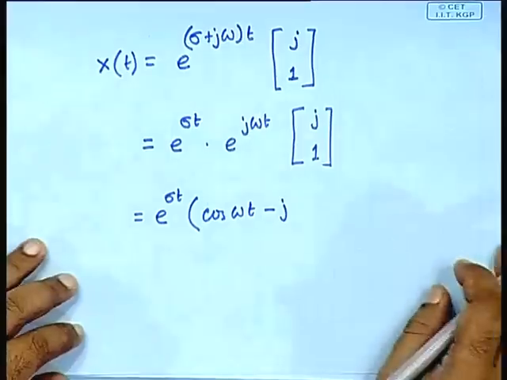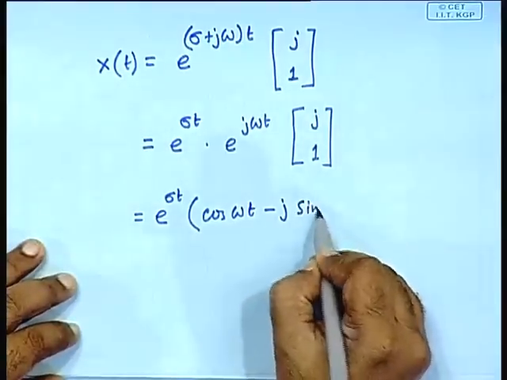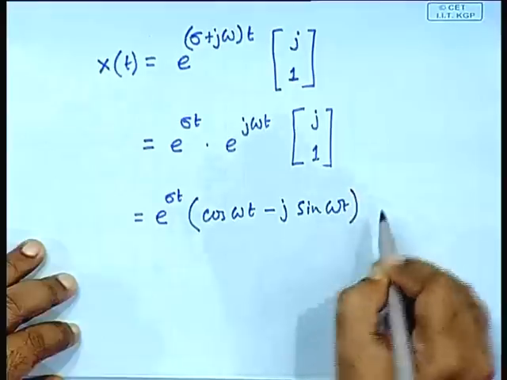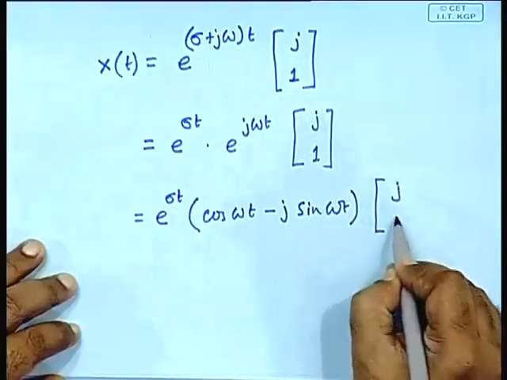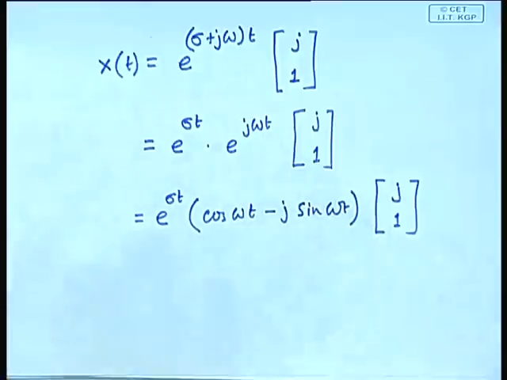That is why we chose to use one eigenvalue, and I show that it is possible to extract two independent solutions out of that only, because there is a real part and there is an imaginary part. The real part and the imaginary part independently contain information, that is the point. So you have plus j sin omega t, and it is j 1 plus, sorry.